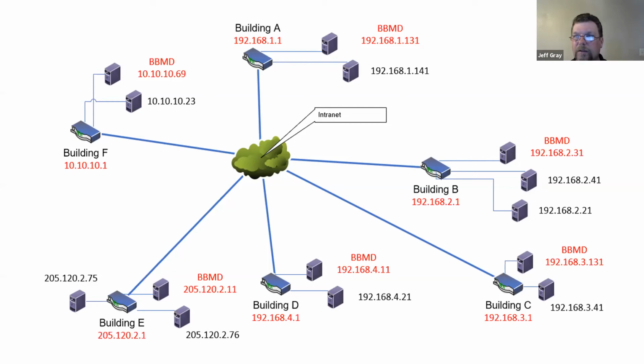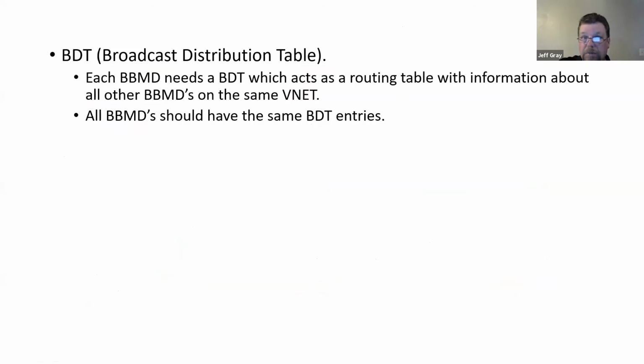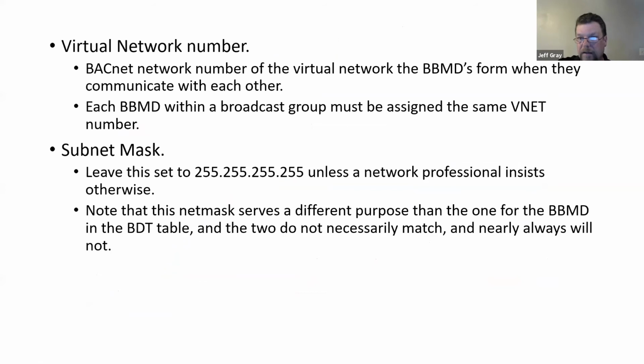So with it being a standard, every brand gets set up basically the same way, because they have to have those same rules: they have to have a BDT on them, a broadcast distribution table with the other BBMDs so they let them into that network. The subnet mask should be the /32, which is 255.255.255.255.